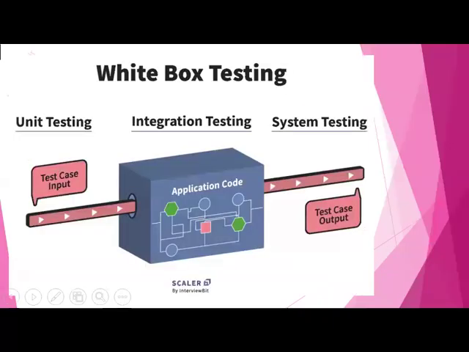Look at this one. This is my integration testing, unit testing. We already know about the unit testing, no? So line by line, program by program, and from a user interface means we only focus on the user interface.